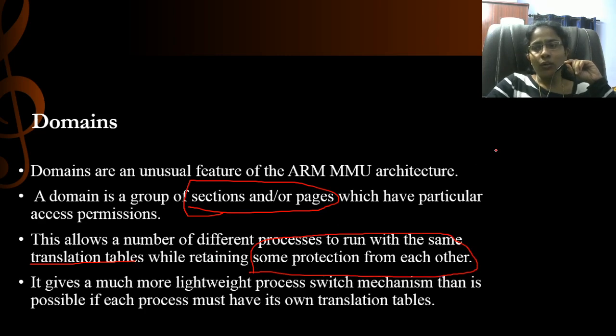We already know the MMU gives a virtual environment where all the processes run simultaneously but independently. Domains ensure one process should not corrupt another, so they give some protection, and this protection is done by the MMU.